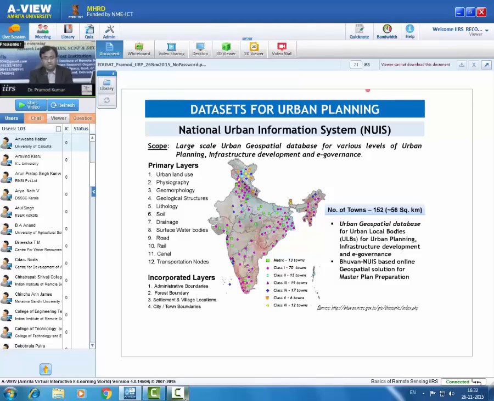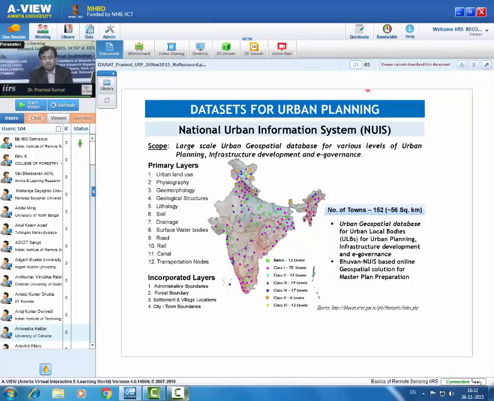There we have generated 12 primary layers and 4 incorporated layers in partnership with various other agencies. And as of now, for 152 towns, this database is available to the common citizen for visualization. For the specific users, I mean users at state government levels, this data has higher privilege.